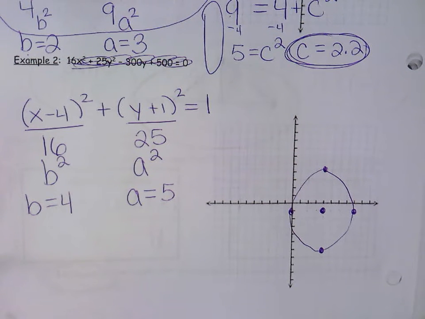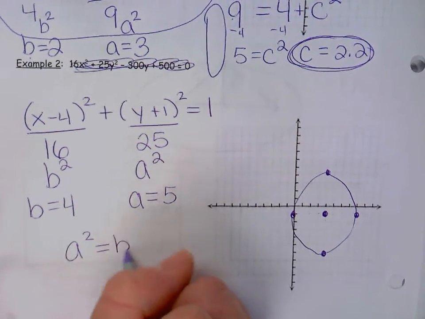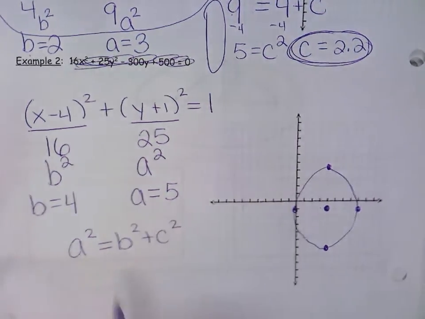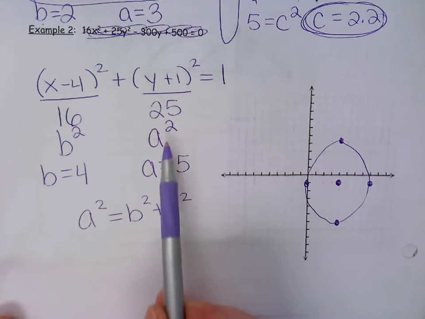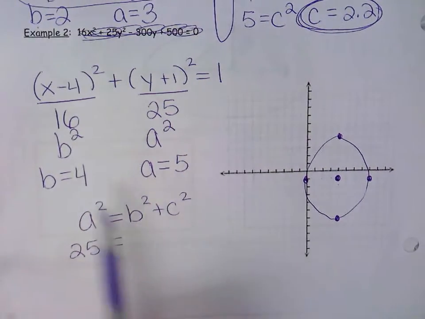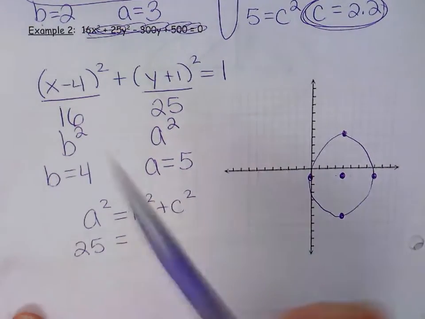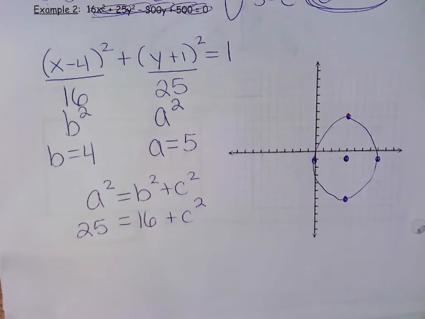And then your last step is to use the Pythagorean identity to plot where your foci are located. I always write out the equation for myself, and then I can fill in the pieces of information that I already have and solve for the c value. I know that a squared in this equation is 25, and I know that b squared is 16, and it's my job to solve for c.